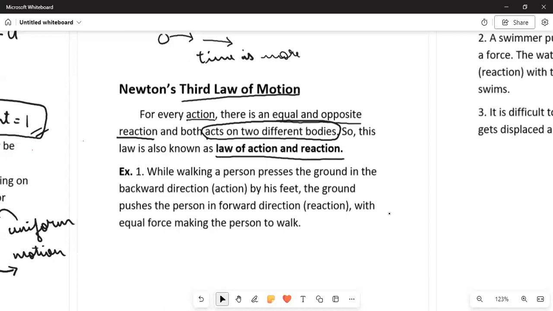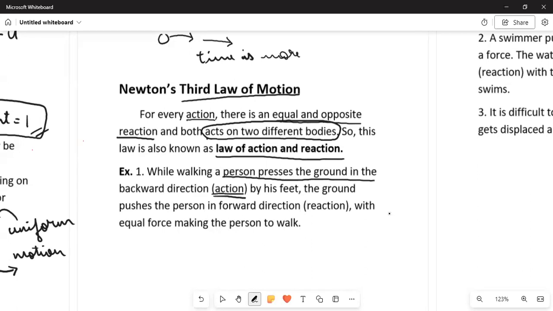Okay, now see what these action and reaction are. While walking, a person presses the ground in the backward direction. We all walk, right? And while walking, every person presses the ground in the backward direction, and this becomes our action on the ground.